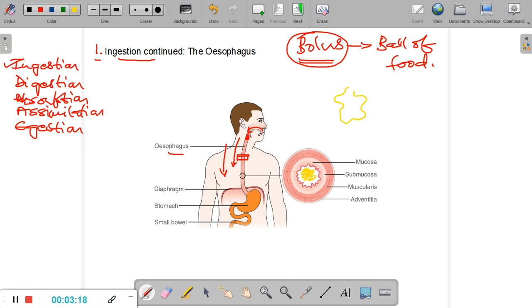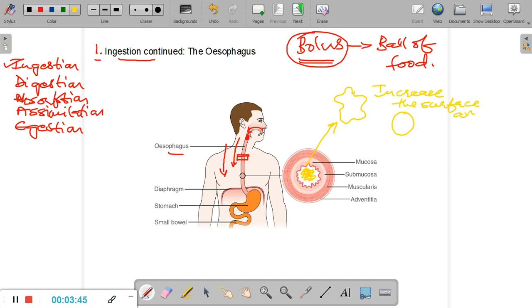You see folds like these here. So why does the esophagus have folds? So that it can expand. It is not like a plastic tube, rigid and solid. Rather, it is folded so that the more food you put, the more this esophagus can expand, and that is why it is folded. Folds increase the surface area.